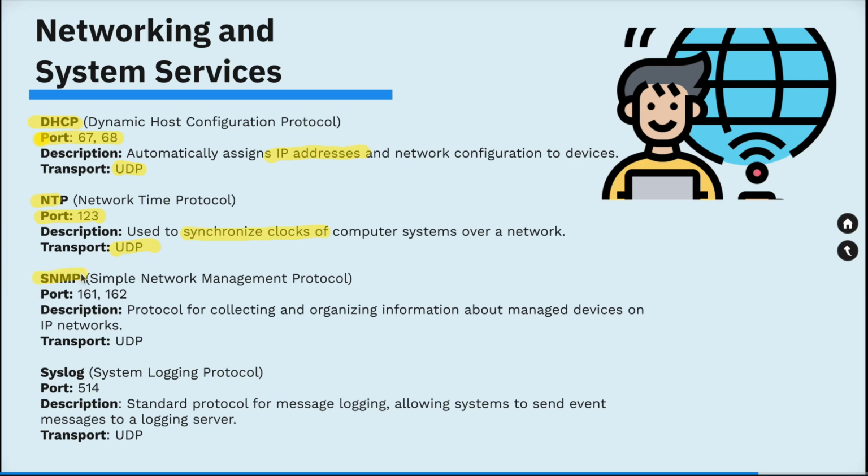Another fairly important protocol here is SNMP, not to get confused with SMTP, Simple Network Management Protocol. Ports here are 161 and 162. And this one, actually pretty cool, is used to collect information about the devices.